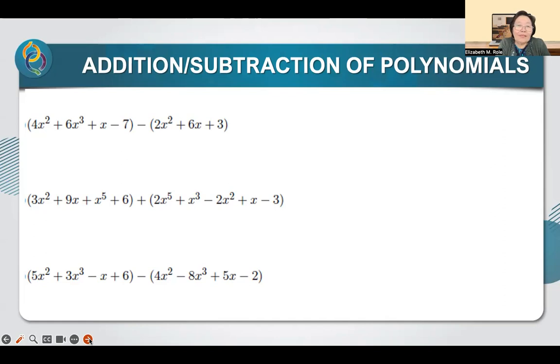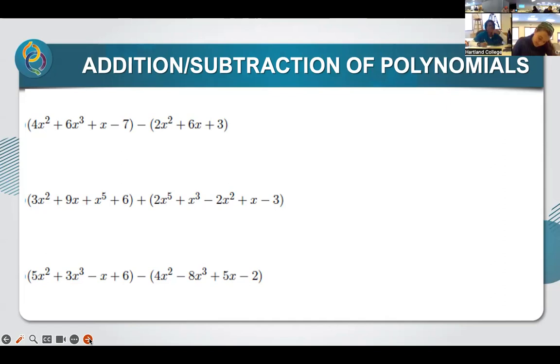Let's have that number one there first. Anyone who has an answer? I haven't finished yet. Okay, so I'll give you a minute.